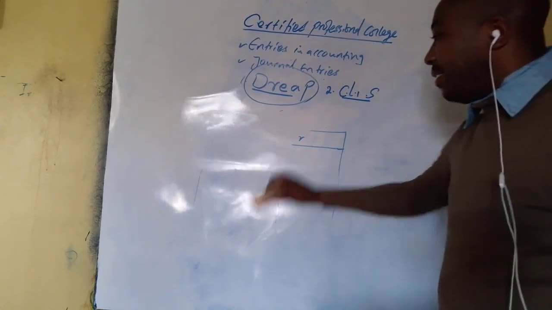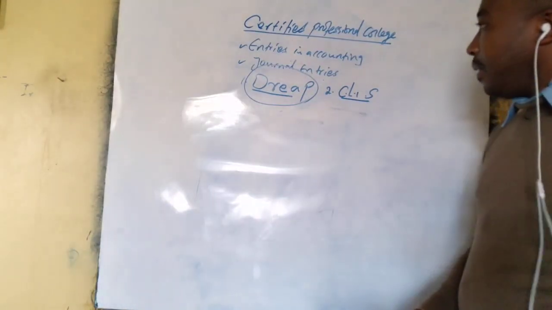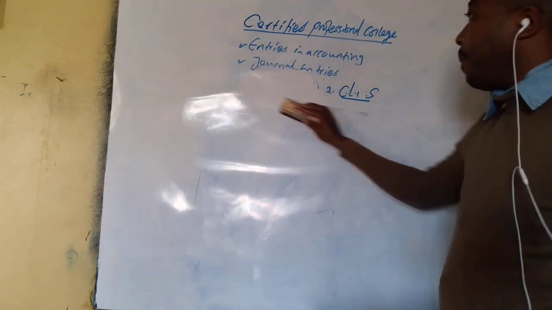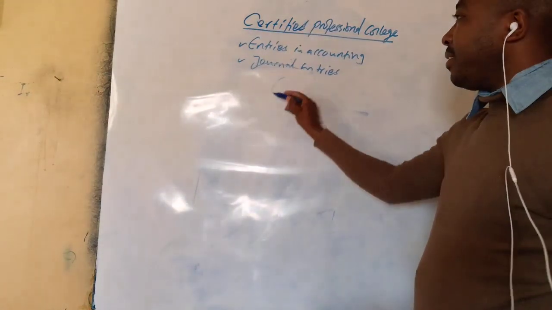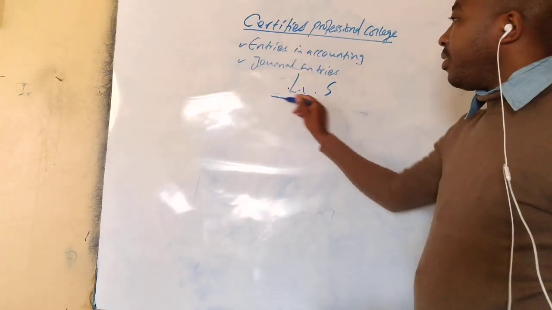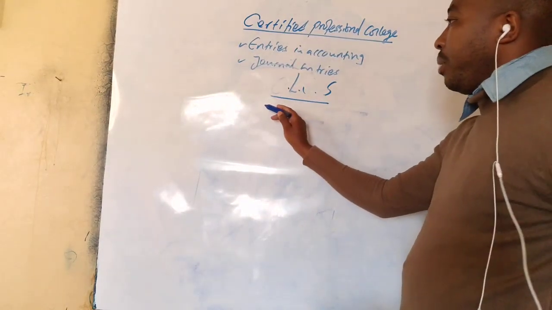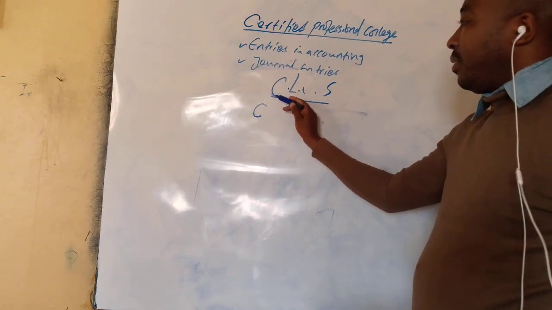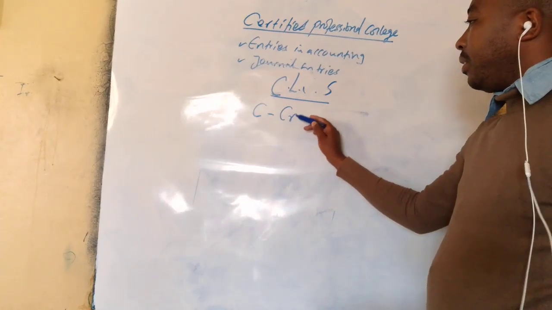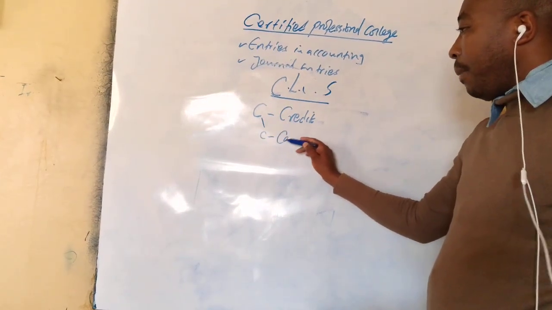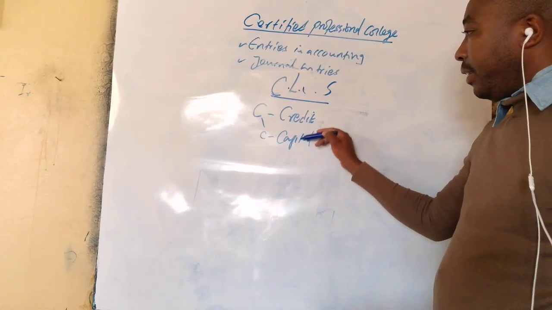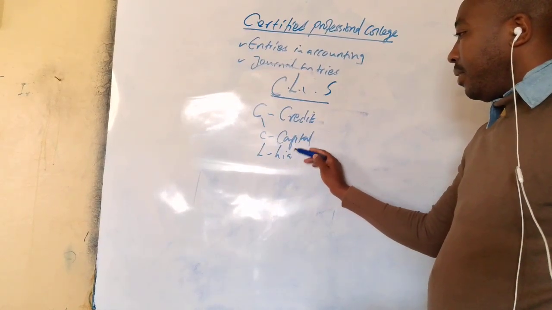Let's come to our second principle called CLIS. Let's record it here. We have CLIS. Also, CLIS is the acronym whereby this C stands for credit, meaning you record on the credit side. It also stands for capital, meaning you credit capital. L is liability.